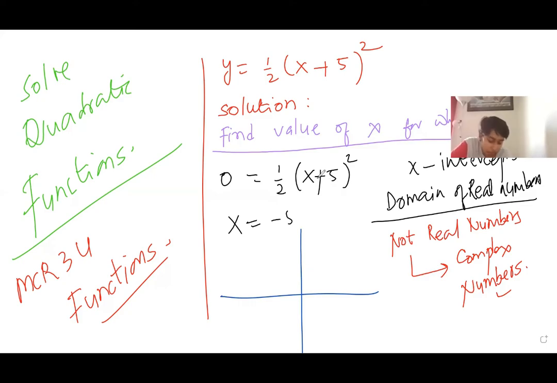At minus 5, it will have a 0, and that becomes the solution. Is that clear to you? And this value is 25 by 2, as you can calculate, 5 squared.